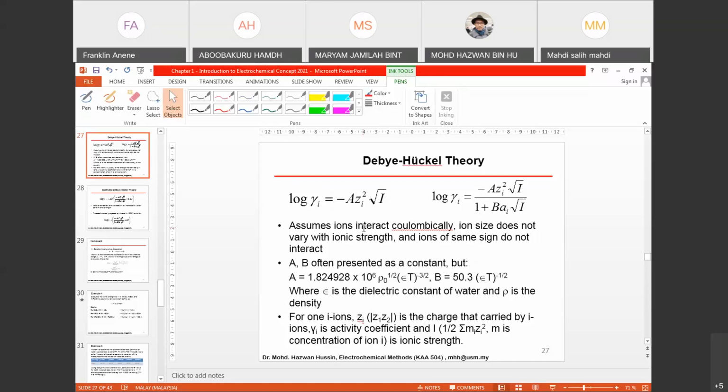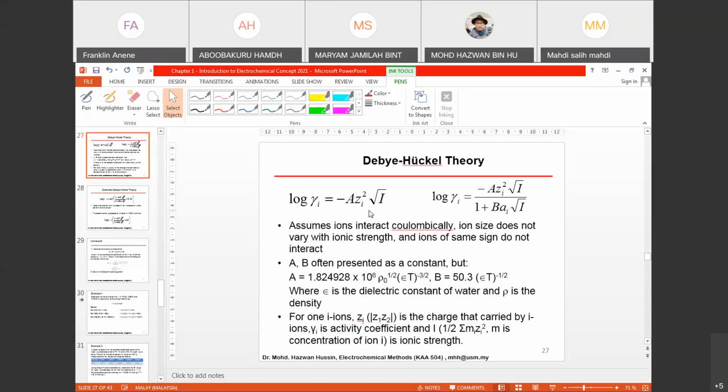As I said, the ionic strength will be calculated for KCl. You cannot calculate ionic strength for individual K plus or individual Cl minus. The ionic strength we use one time, but for z we use two times because we have two charges.